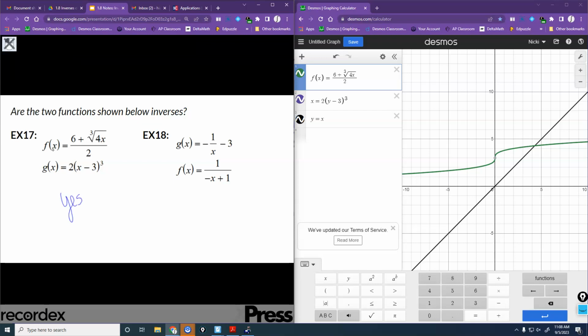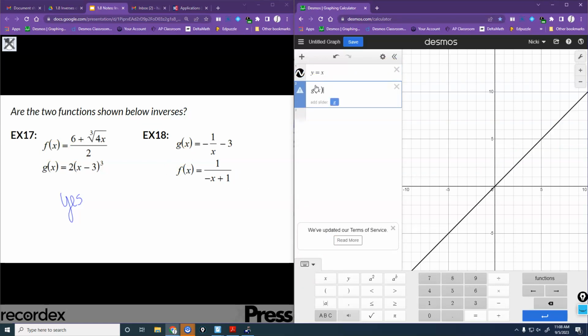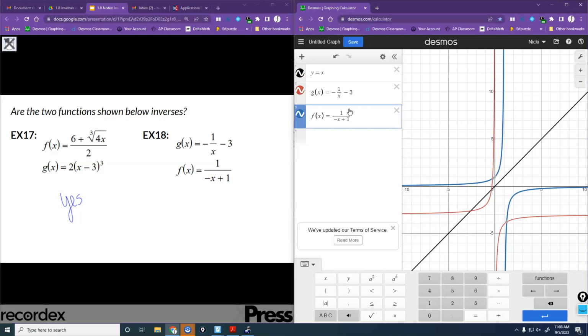All right, if we look at 18, if I type those in real quick, g of x equals negative 1 over x minus 3, and f of x equals 1 over negative x plus 1.